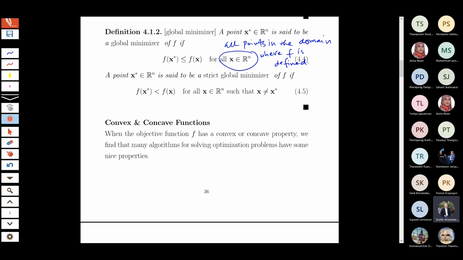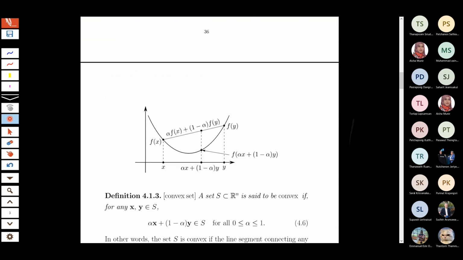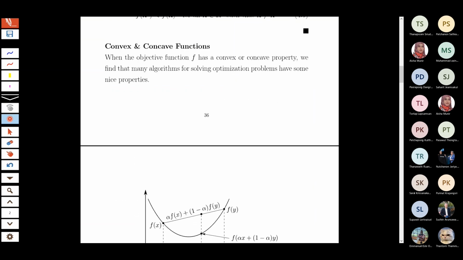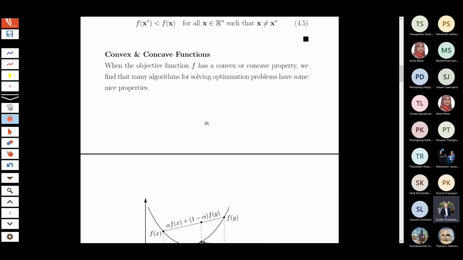When the function f is neither convex nor concave, the optimization problem is called non-convex optimization.